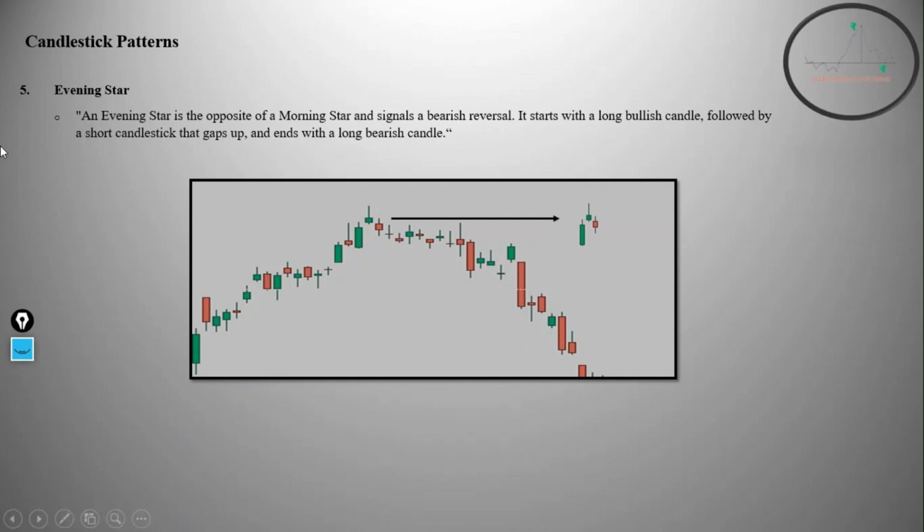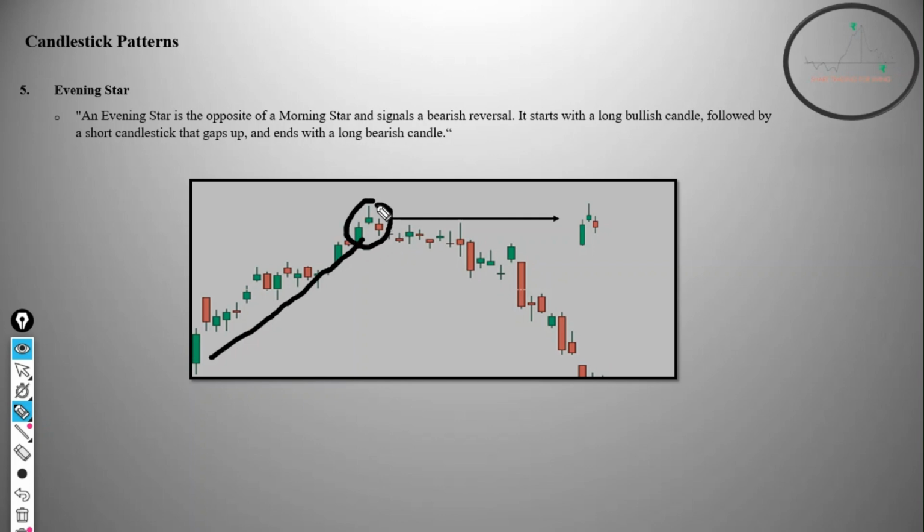Here, if you can see, the trend was an uptrend. Then this pattern came in, evening star: the green candle, the hammer pattern, and the following candle closing lower than the previous candle, and the market went down.